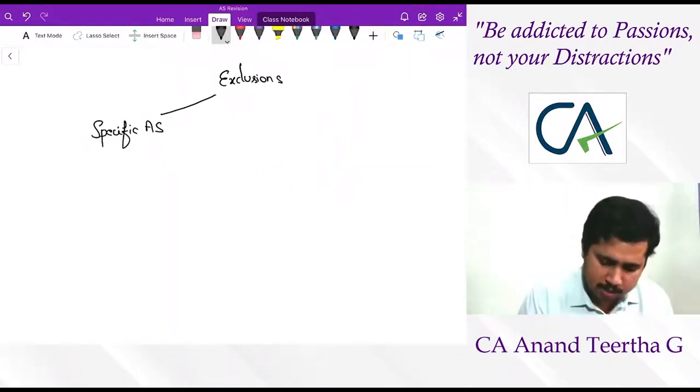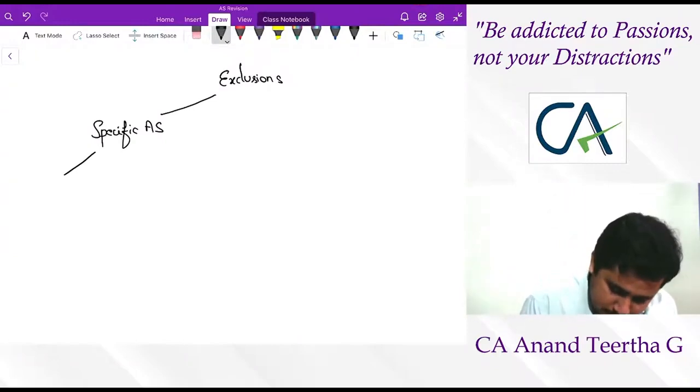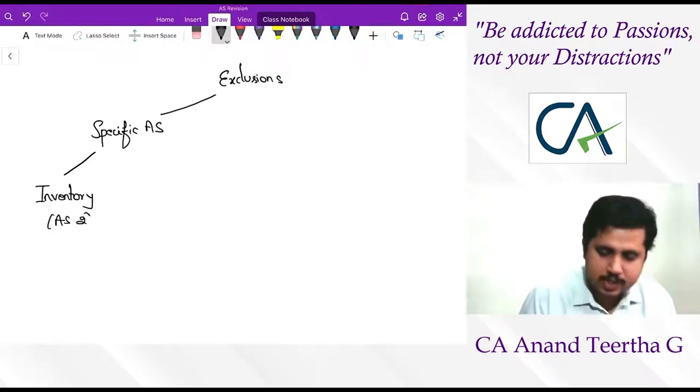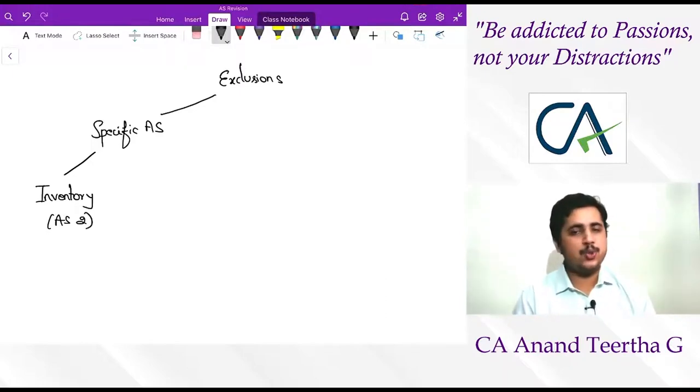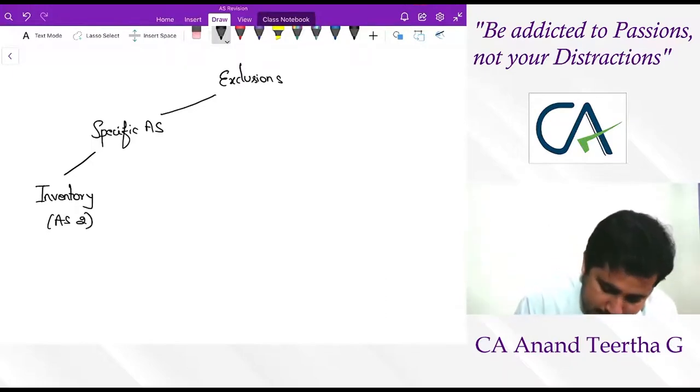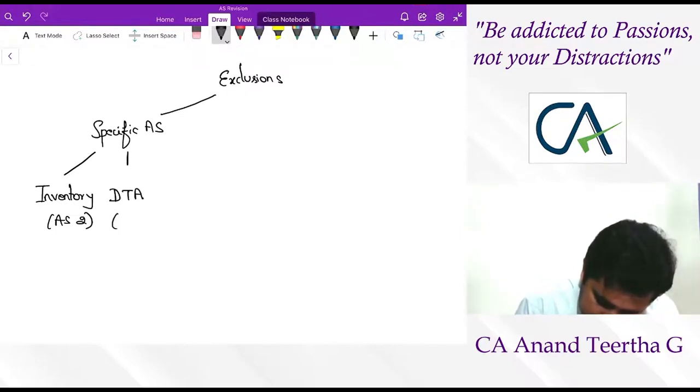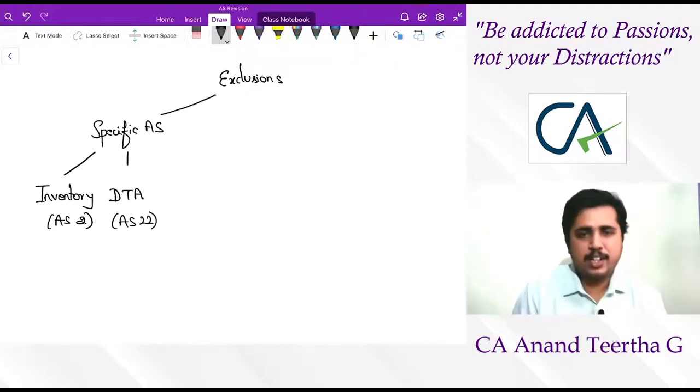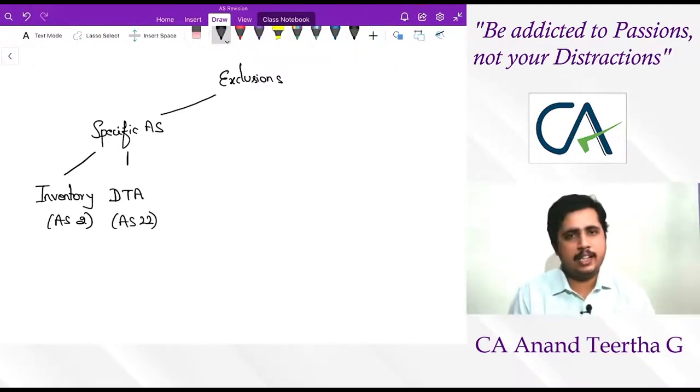When is that possible? Number one, suppose there is inventory. If an intangible asset is treated as inventory, kept for sale in the ordinary course of business, it will be covered by AS 2, not by this standard. Next, deferred tax asset is covered by AS 22, because even deferred tax assets to some extent are non-physical in nature. So you may find an intangible asset characteristic, but it is covered by AS 22, not over here.